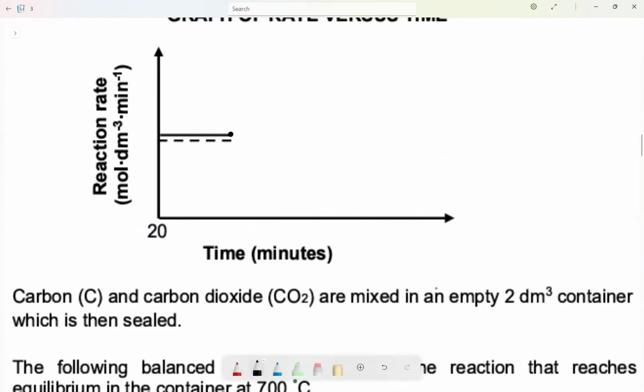Like this. The dotted line will increase more. This is the reverse reaction.